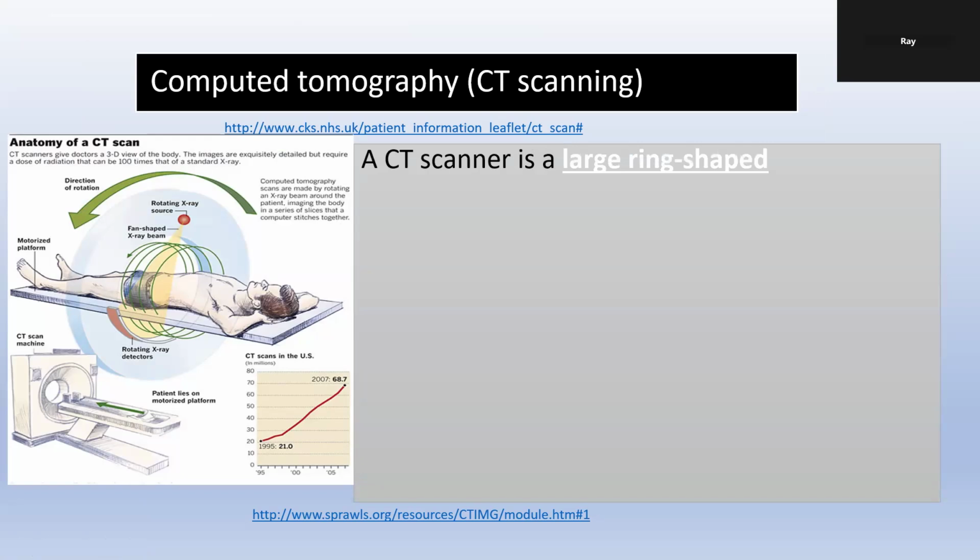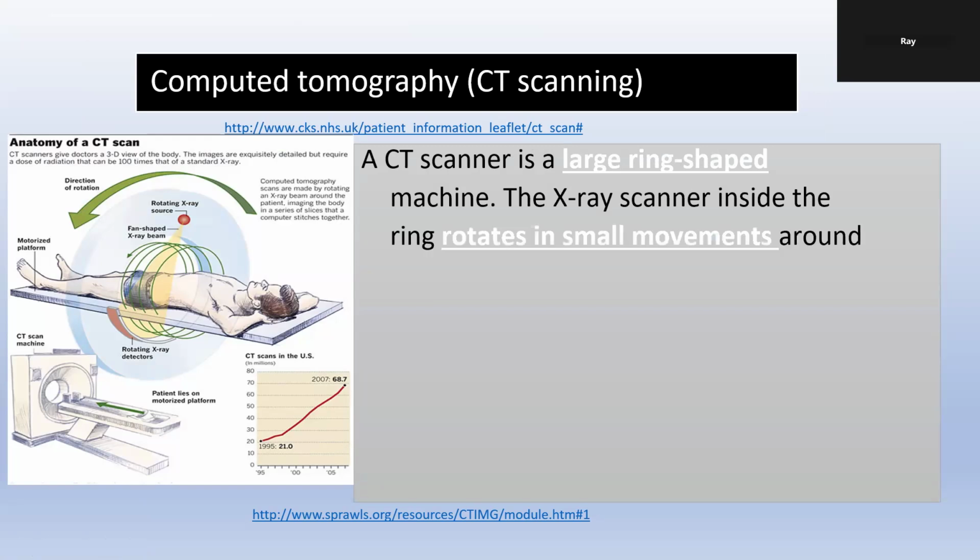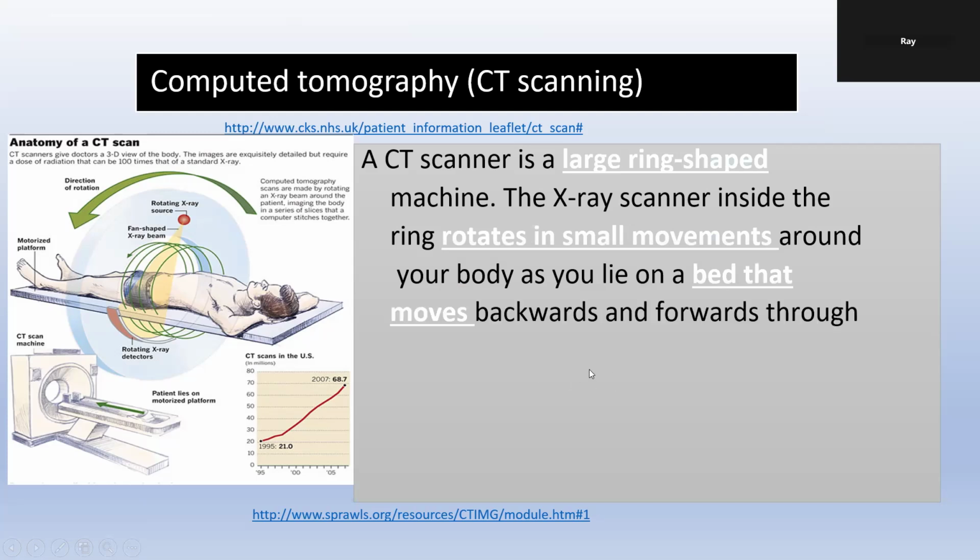CT scanning. A CT scanner is a large ring-shaped machine. The X-ray scanner is inside the ring. There's an X-ray source that rotates in small movements around the body as you lie on the bed that moves backwards and forward.